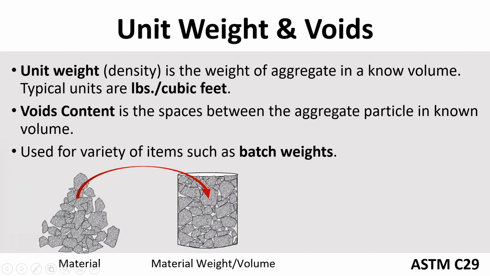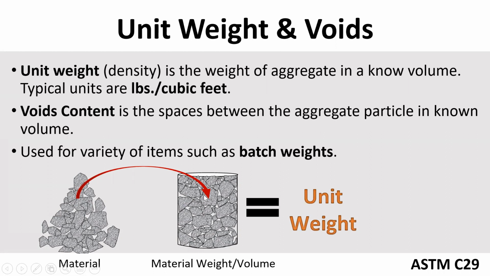So you have your material, you put it in a known volume, such as a unit weight bucket, and that's going to equal your unit weight because you weigh your material and then you know your volume. You can actually measure your volume if you need to calibrate that unit weight bucket.